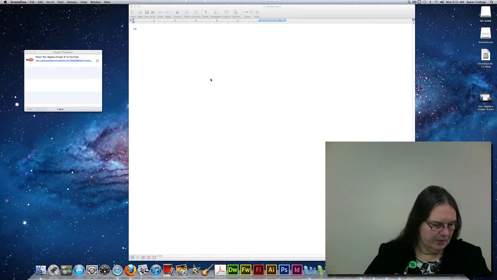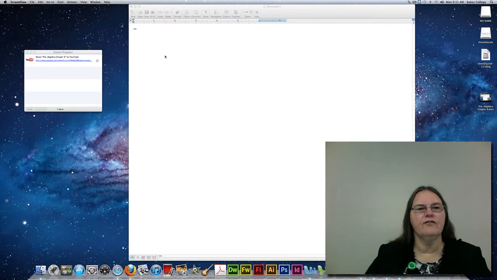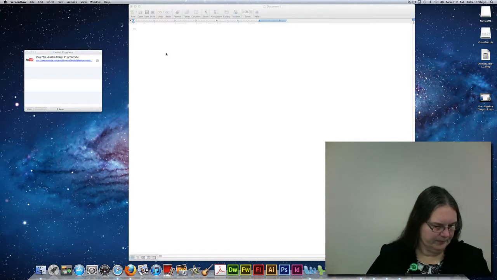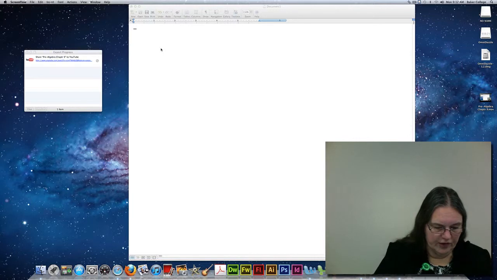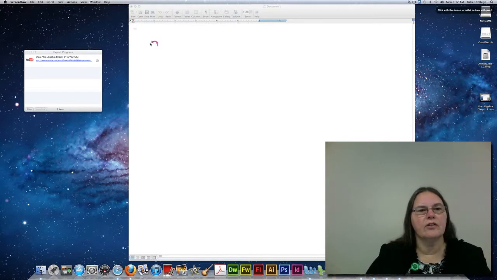The next example is to find the circumference of the circle. So how do we find circumference? We have to know what this formula for circumference is. The circumference of a circle. Now, what's that mean?